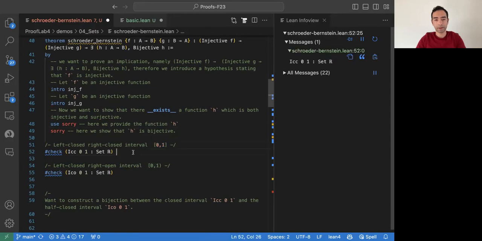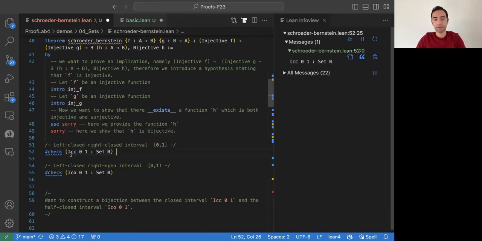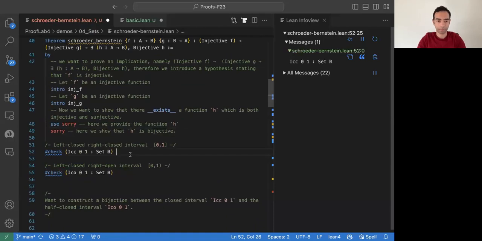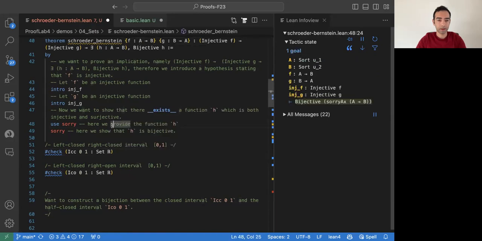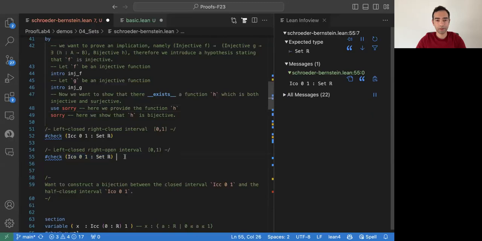And in Lean, we actually express it as Icc 0 1. So I stands for interval, C for left closed, and this C for right closed. So this is going to be our type A. And this is going to be our type B.